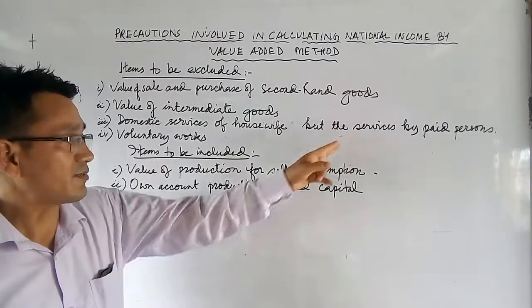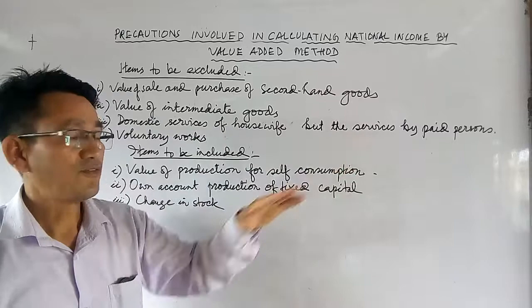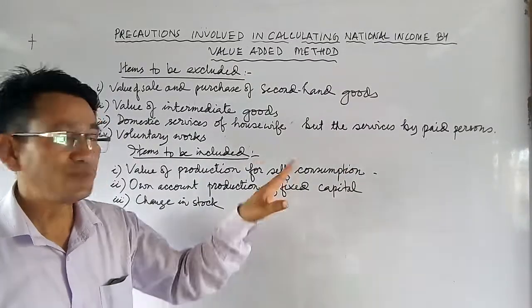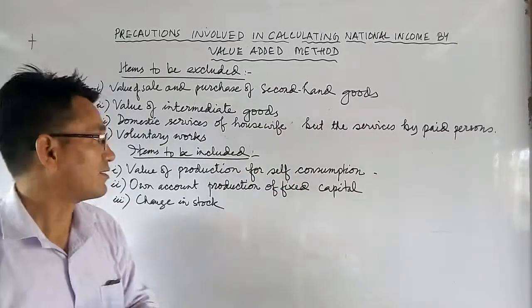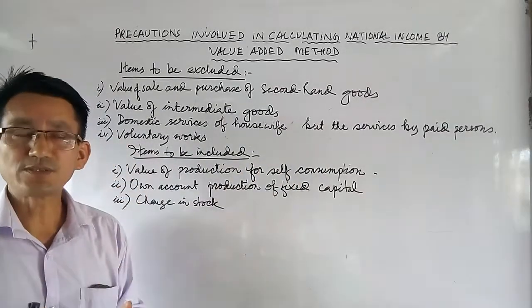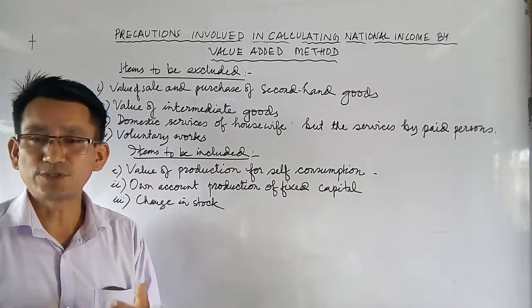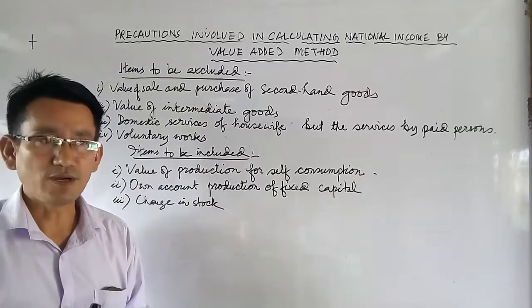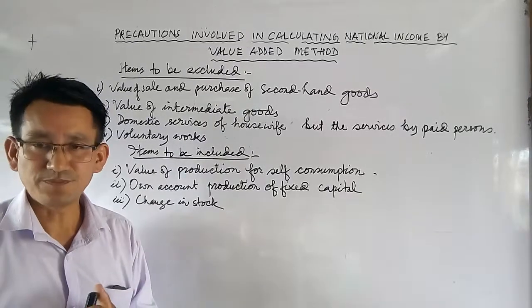But the value of the services of the maids or the helpers should be included because we are paying for that. And the voluntary works. Voluntary works may be for self or maybe for the society. They should not be taken into account while calculating national income.